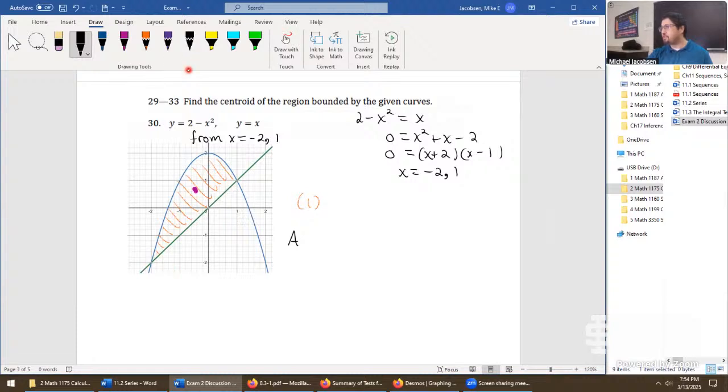So step one, get the area. There's two curves here, so let's start saying which is which. The one that has a curvature is the polynomial, y equals 2 minus x squared. The linear one is y equals x. So we can say area itself is going to be an integral, let's see if we can color code these to help out just a bit better, from -2 to +1. We take the upper function first, 2 minus x squared.